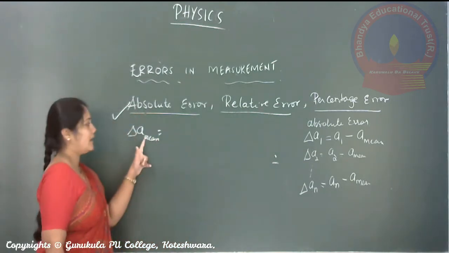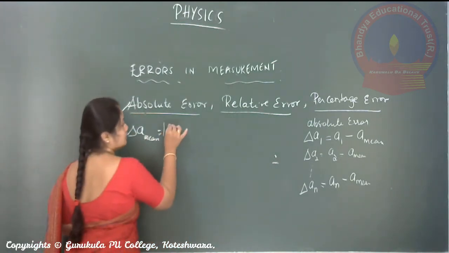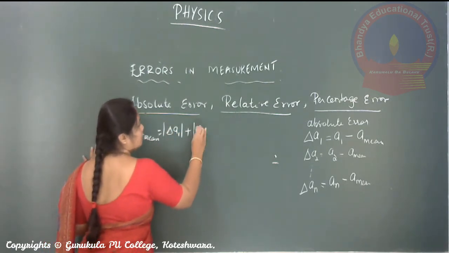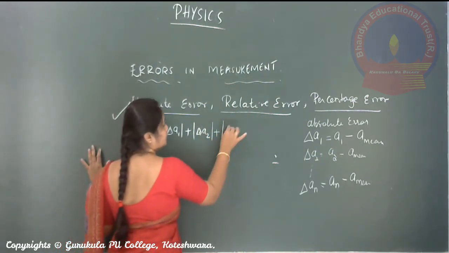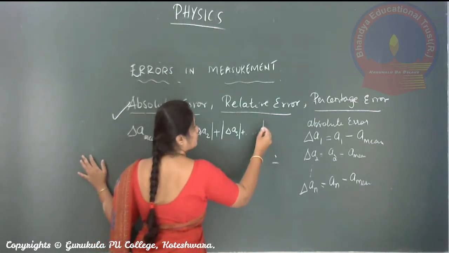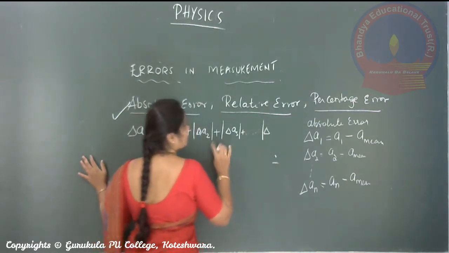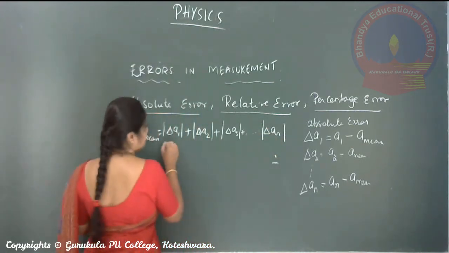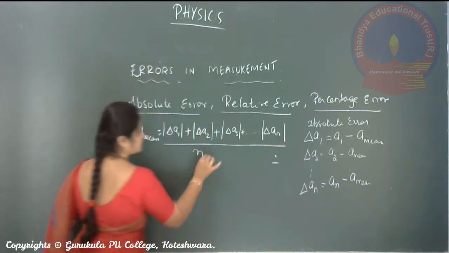Therefore, delta A of mean is equal to magnitude of delta A1 plus magnitude of delta A2 plus magnitude of delta A3, so on to magnitude of delta An, divided by n.